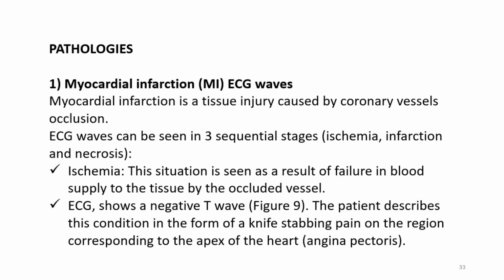In ischemia, this situation is seen as a result of failure in blood supply to the tissue by the occluded vessel. Electrocardiogram shows a negative T wave. The patient describes this condition in the form of a knife stabbing pain on the region corresponding to the apex of the heart, and this is called angina pectoris.